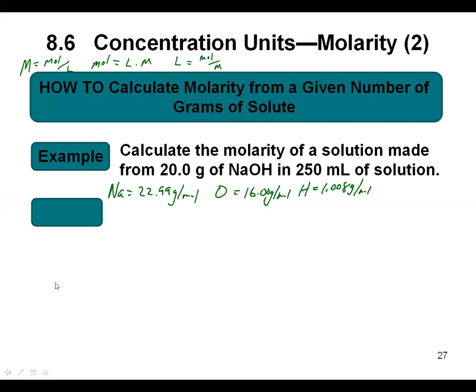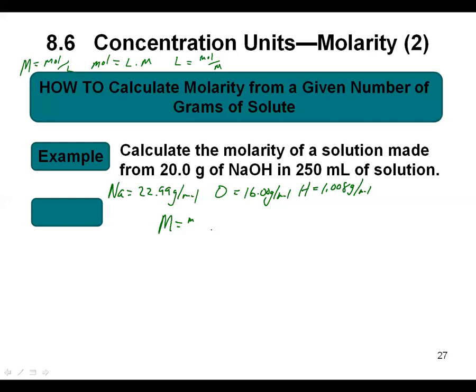Okay, let's take a look and see how we're doing. We want to calculate the molarity of the solution made by 20 grams of sodium hydroxide in 250 milliliters of solution. A reminder that molarity is moles per liter.